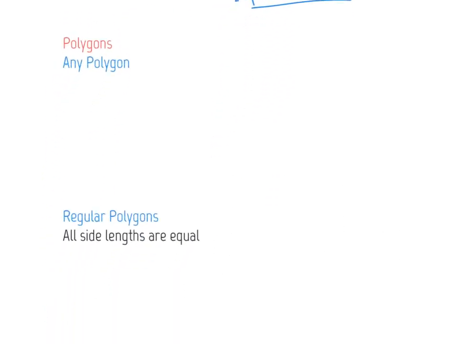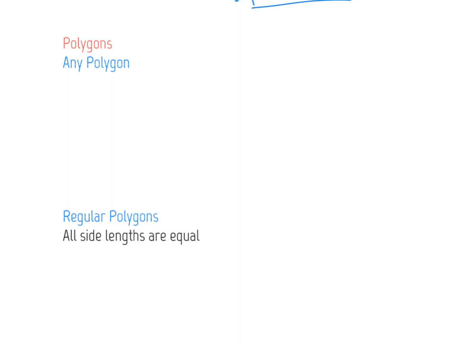All right, let's quickly have a look at polygons. Now, there's 2 types of polygons we're looking at: any polygon, and a regular polygon. The difference is a regular polygon is a polygon where all side lengths are equal.